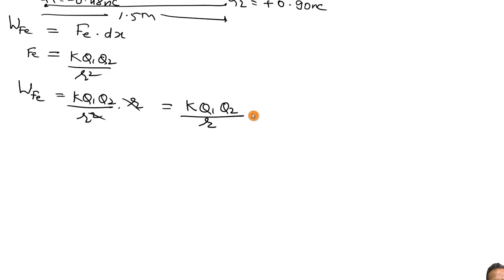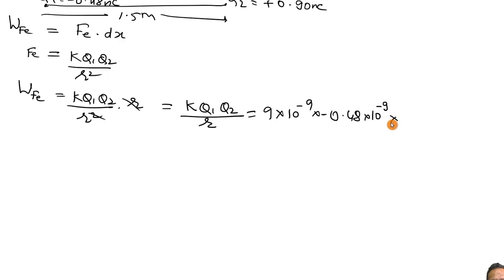Now let us substitute the values and try to find this. So K I will take very nicely, 9 into 10 raised to 9. My Q1 is unchanged, it is a negative 0.48 times 10 raised to minus 9. Remember, you have to convert into coulombs.